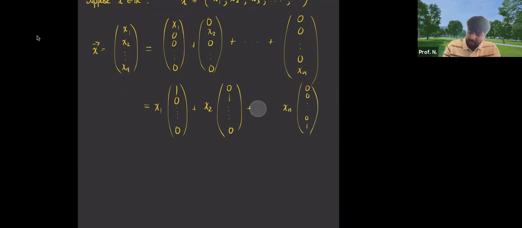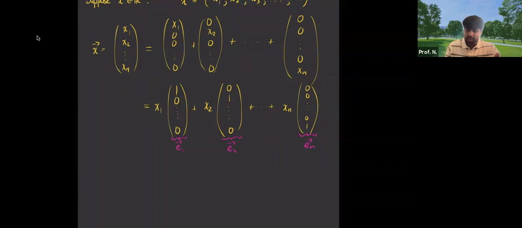Can't I do this? But then what are each of these vectors now? They're the standard basis vectors.